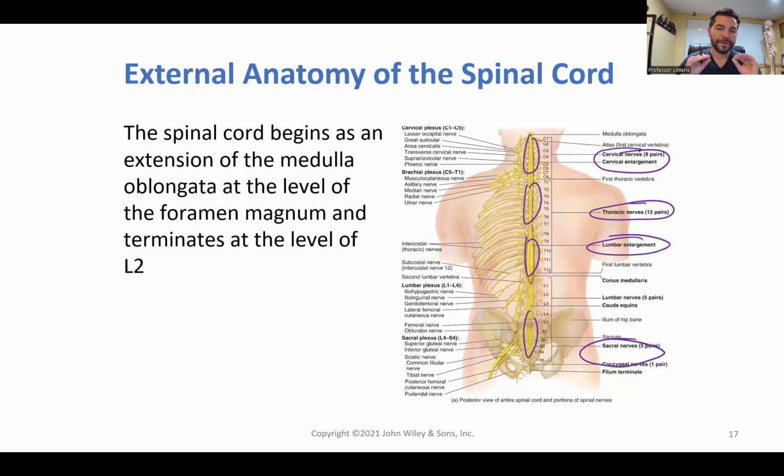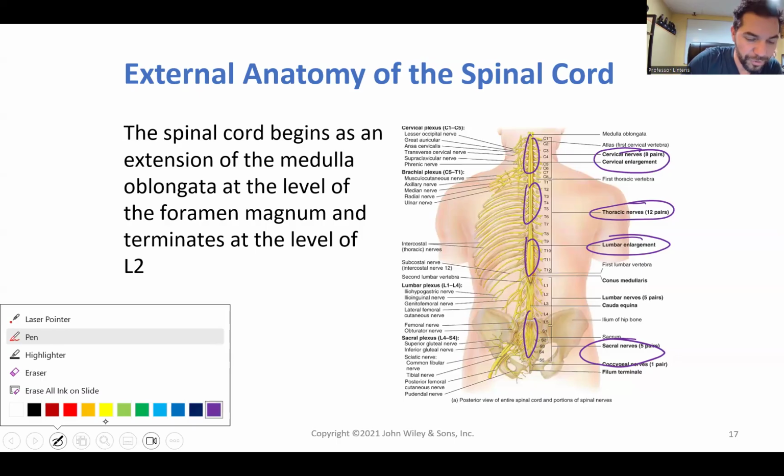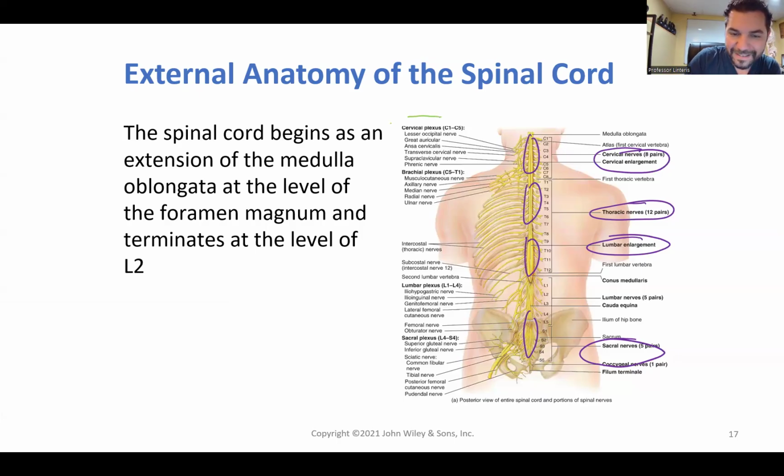And there are certain groups of nerves that branch off these regions. We call these groups a plexus. So you can see here this group. Over here, there's a group. Down here, there's a group. Over here, there's a group. So the groups are called plexus.